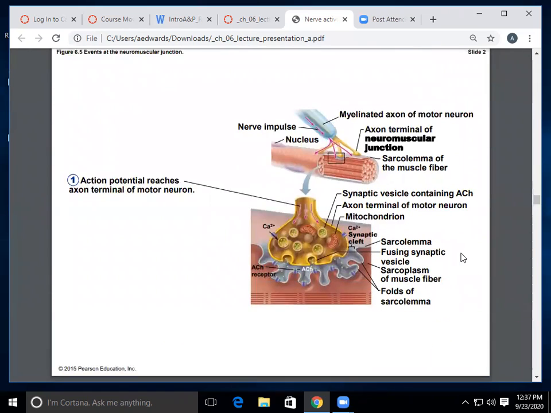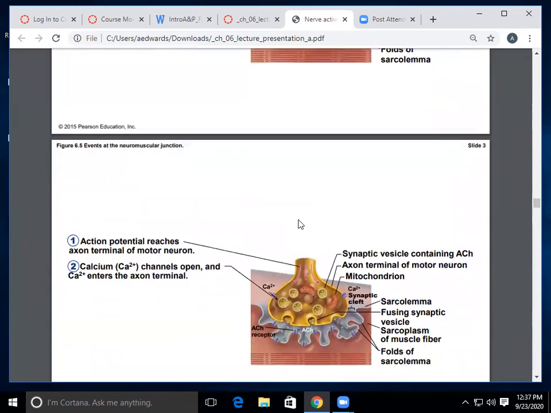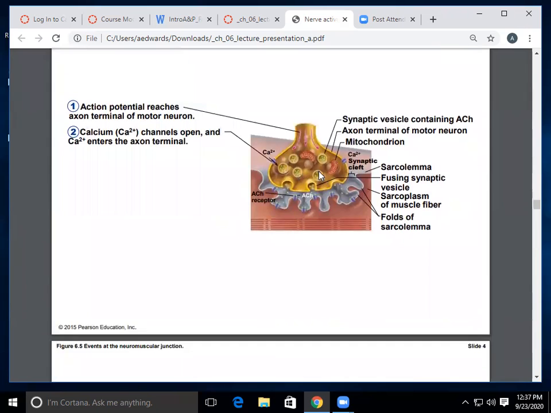All right, so this is a picture view of the action potential. So the action potential is going to reach that axon terminal, what we just talked about. Okay, that signal. Then, once that happens, the calcium channels open and calcium goes into the axon terminal.